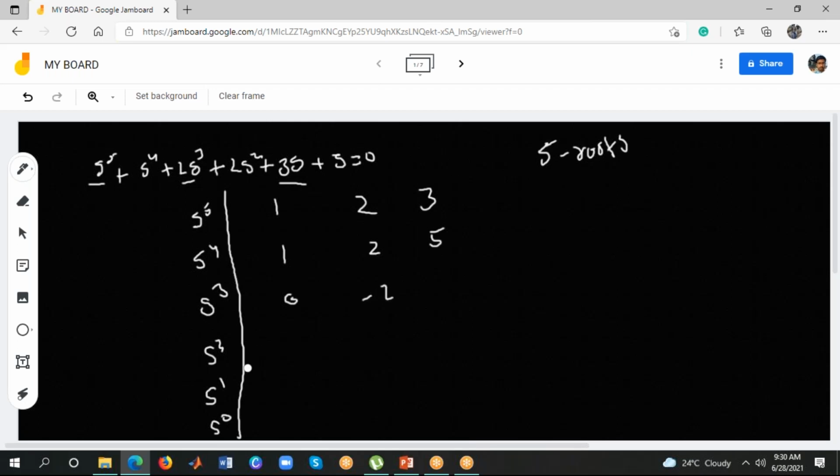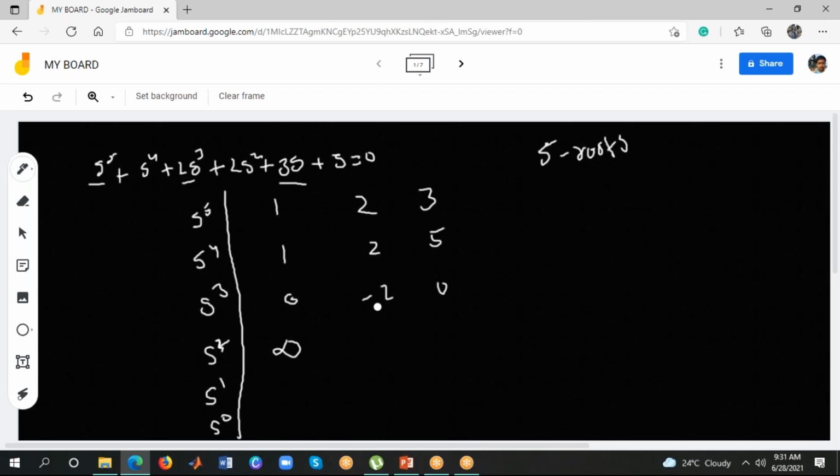Now, this is one of the special cases: the first element in one row is 0. Suppose you continue this problem, what do you get? What is the first term in s square? Minus 2 minus 0, so 2 by 0, so you will get infinity.